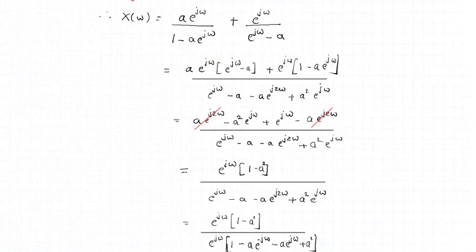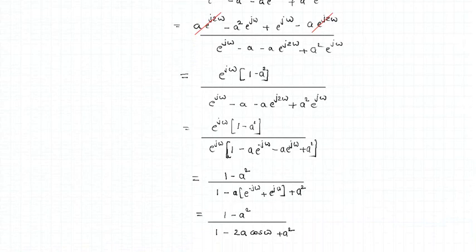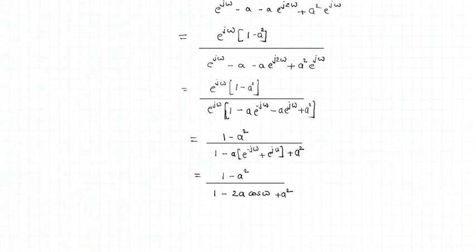So I want you to focus at this part of the equation. This is what we obtained. To simplify this further, the next step is we will take e raised to j omega common from the denominator. So you could see here we have taken e raised to j omega common from the denominator. In the numerator we already have a term e raised to j omega.